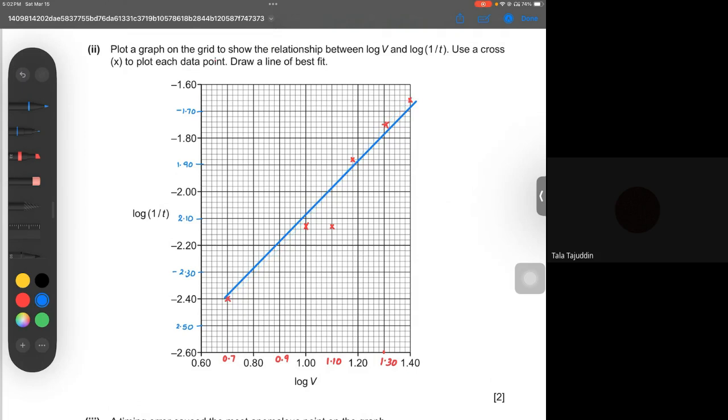Is this good or bad? Okay, this is the line of best fit basically.